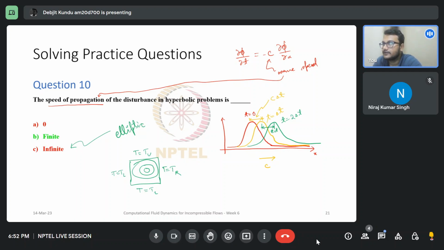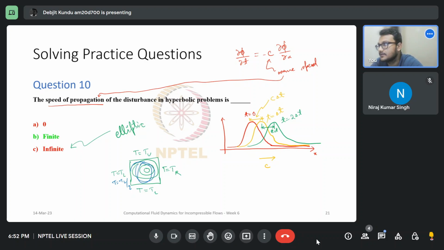Now, let's say I take any of the four walls and change it. So let's say I took the left wall and I made this T equal to TL by 2. I halved the value of temperature there. So the temperature in the entire domain would immediately change and give some different contours like this. They won't cross.